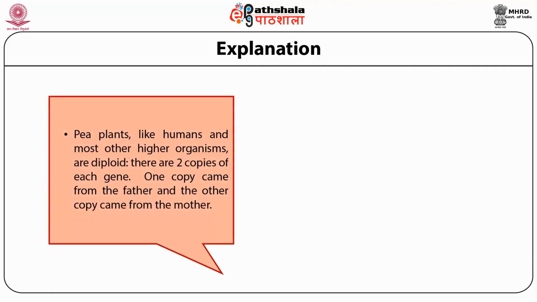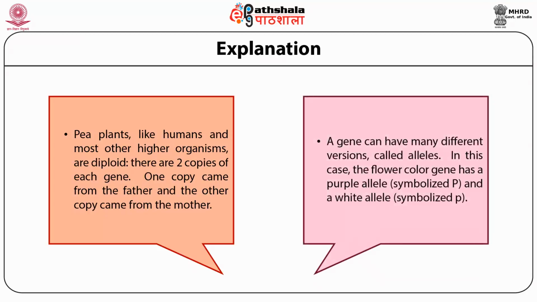Pea plants, like humans and most other higher organisms, are diploid. There are two copies of each gene. One copy came from the father and the other copy came from the mother. A gene can have many different versions called alleles.